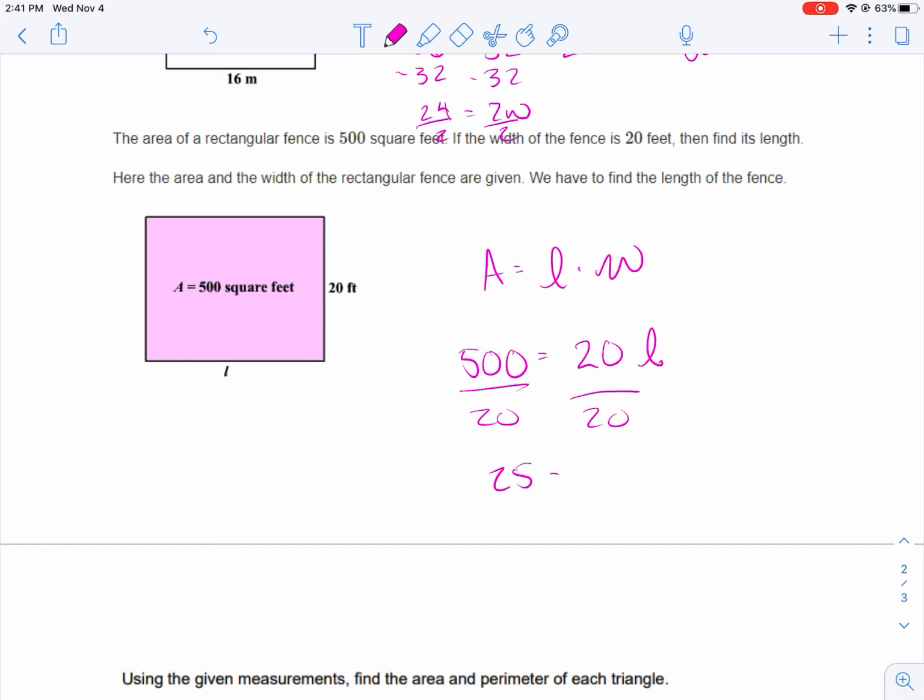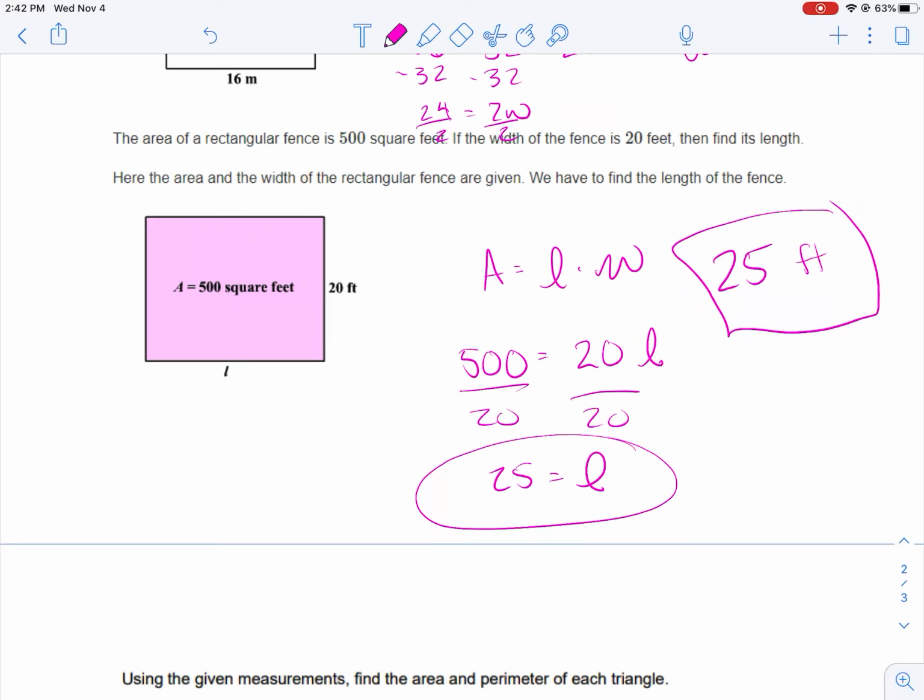We get 25 is equal to L. So our answer is 25 feet. Let's check to be sure. 25 times 20 is 500 square feet. Let's keep going.